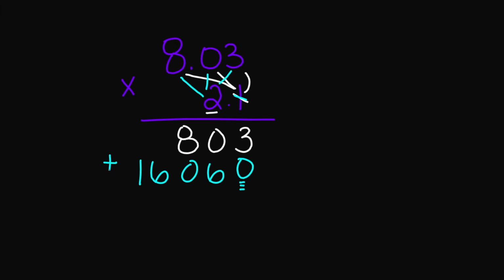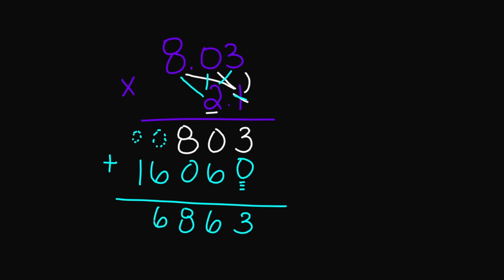Now we're going to add. So 3 plus 0 is 3. 0 plus 6 is 6. 8 plus 0 is 8. And then you have your imaginary zeros here and here. So 0 plus 6 is 6, and then 0 plus 1 is 1. Now we're going to tally up our decimal places.